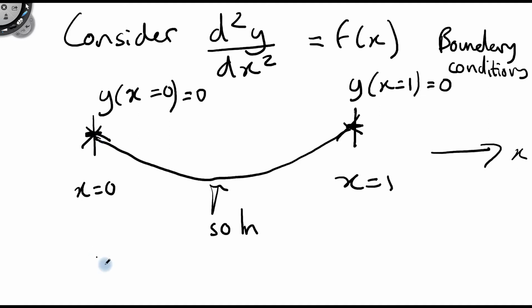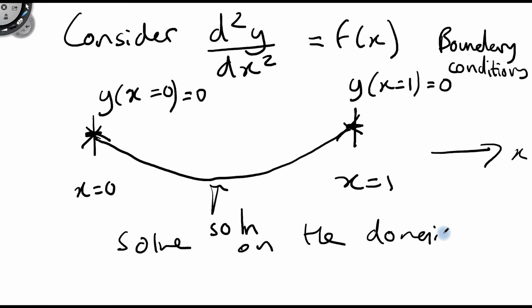So here we're going to solve on the domain x between 0 and 1. That's going to be our boundary. And so the endpoints on this domain are our boundary conditions.